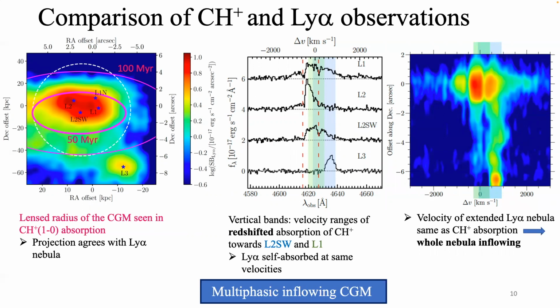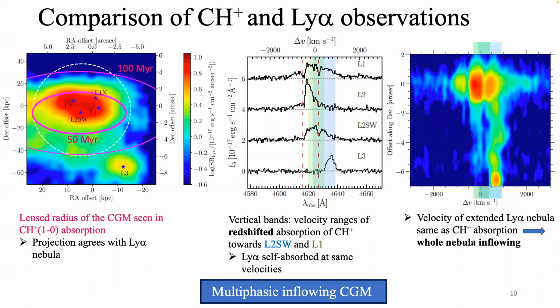In the central panel, you see the spectra of Lyman alpha in different directions of the nebula, and these green and blue boxes again represent the velocity coverage of the CH+ (1-0) absorption towards the galaxies. As you see, in this velocity range, the Lyman alpha is self-absorbed.